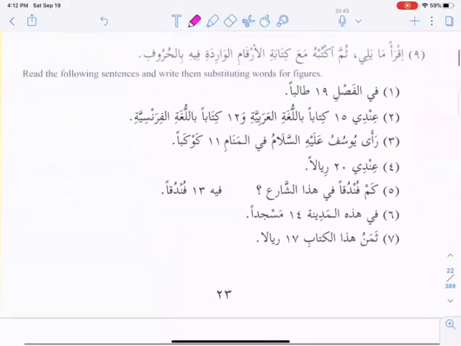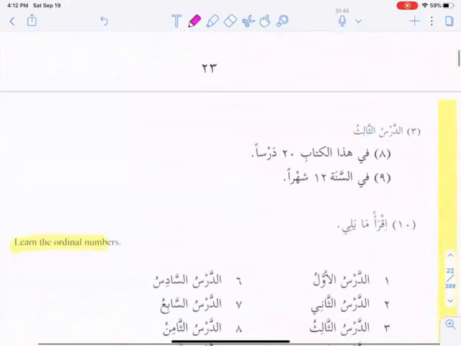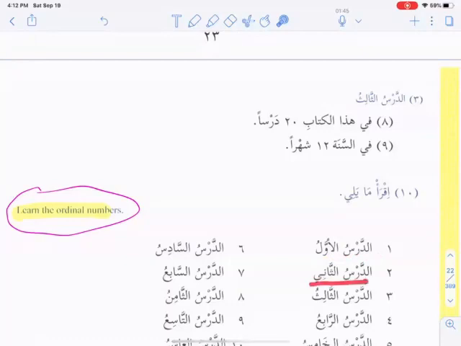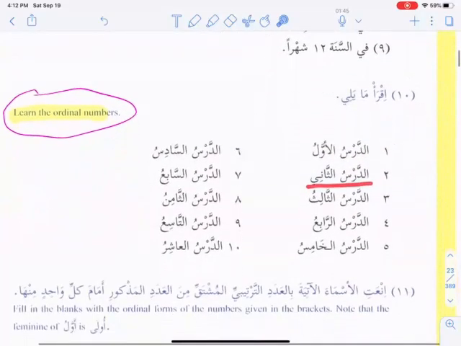I'm not touching this, my brothers and sisters, but I'm touching here. Ordinal numbers. What are we doing now? Ordinal numbers. Al-awwalu. See? Ad-darsu thani, 2. Ad-darsu thalisu.